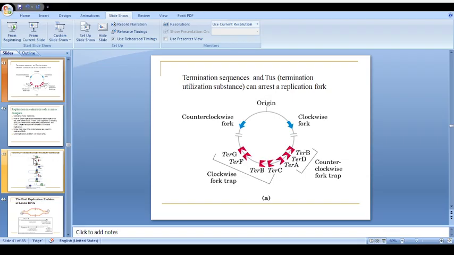Counterclockwise traps are A, D and B, whereas clockwise traps are B, C, G and F. By sensing these Tus proteins, the replication comes to a halt.